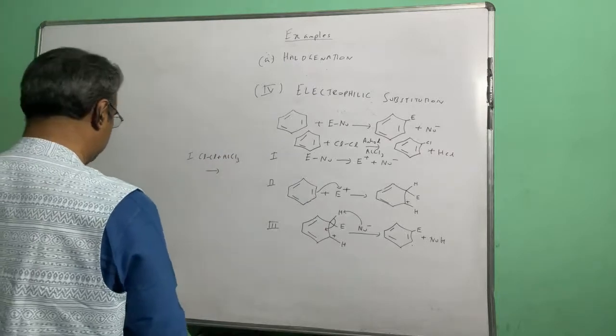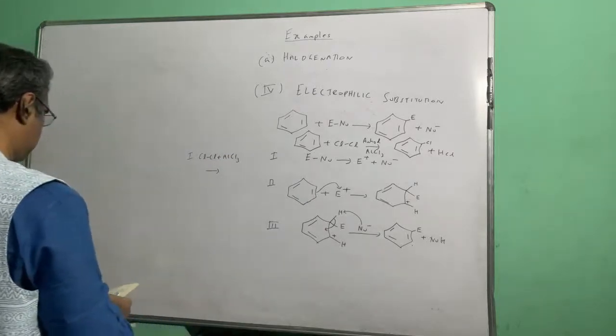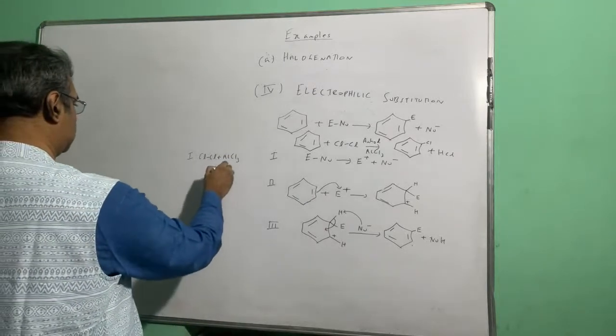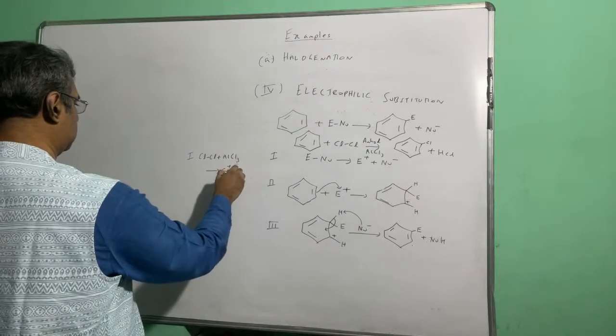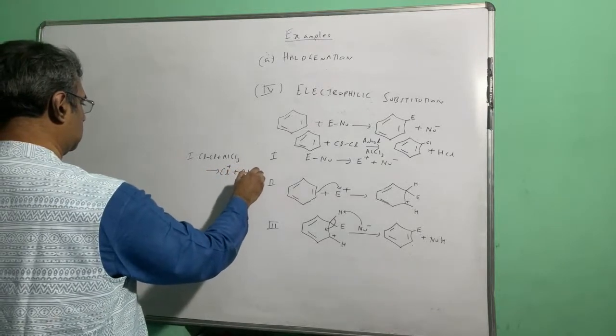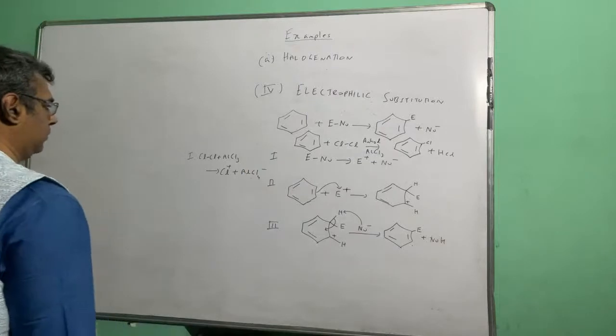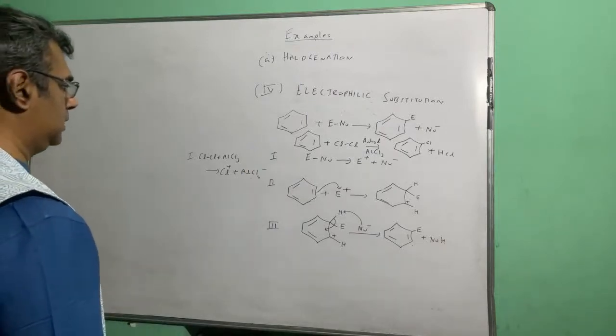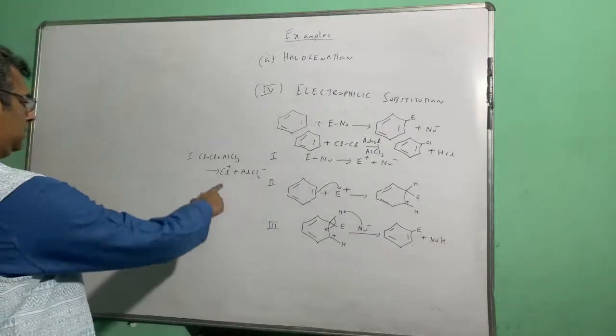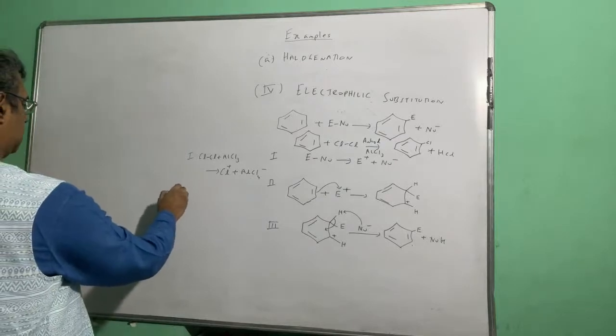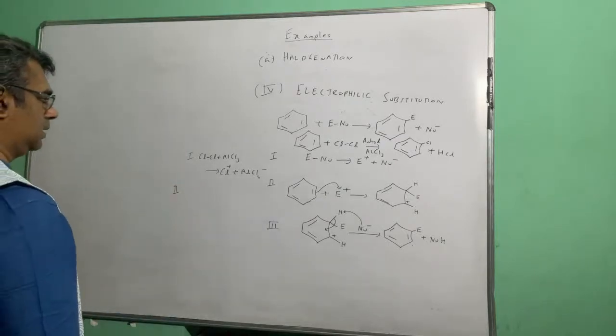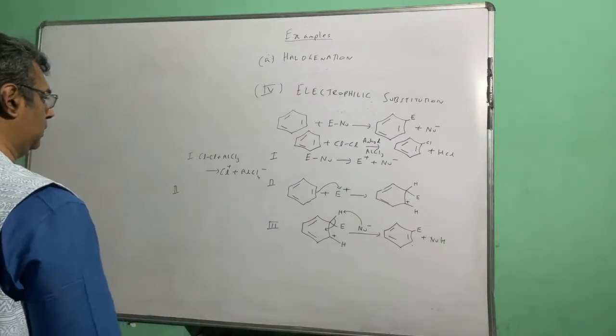Chlorine is attacking AlCl3 to give Cl plus and AlCl4 minus. So this Cl plus is the electrophile.